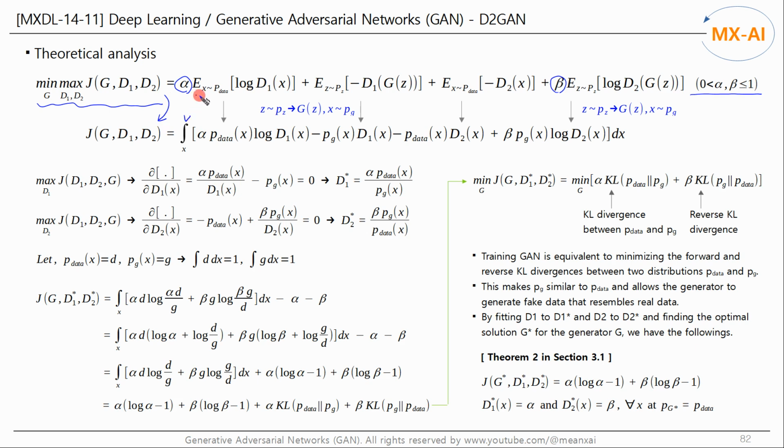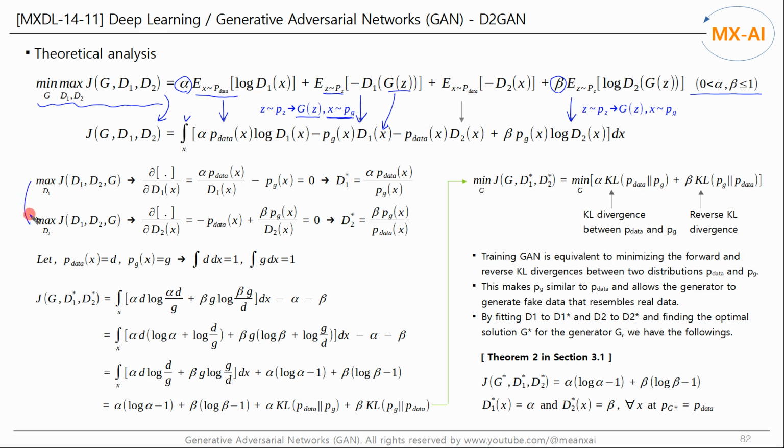Using the integral symbol, we express the expectation as follows. If we use the x from PG instead of the z from PZ, the second term can be written as follows. Since both g of z and x come from PG, g of z can be written as x. The same goes for the fourth term.